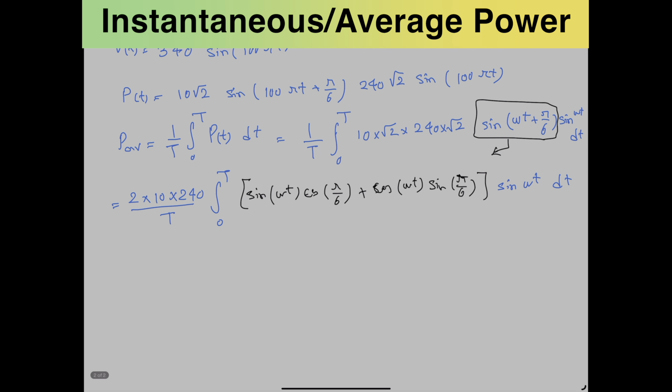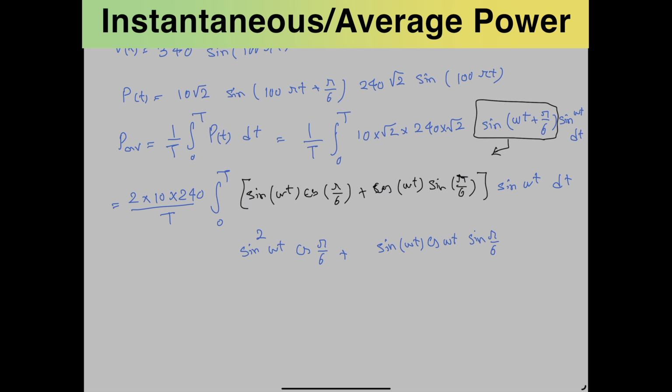Now, if we expand this by multiplying sine omega t to each one of these terms, we get the following expansions. Sine omega t is going to be squared cos pi over 6 plus, in the second term, we will have sine omega t cos omega t times sine pi over 6.